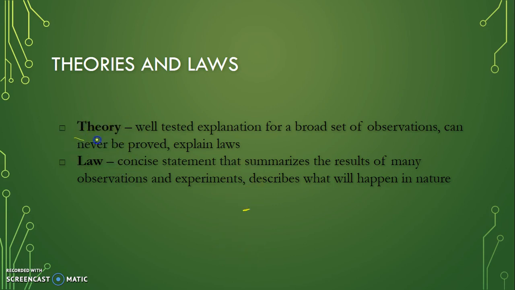Okay, last little thing here I think is theories and laws. Here's the word theory again. Same theory I was talking about earlier. This means something different than it does in everyday language. In chemistry, a theory is a well-tested explanation. You're probably familiar with some of these things. There's a very well heard of one called the Big Bang Theory. There's the theory of evolution. There's the theory of relativity.